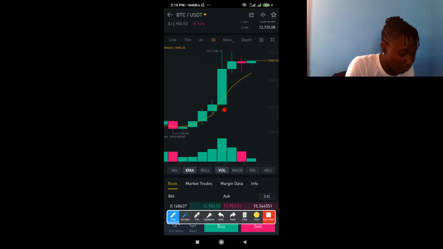So for this day, 2 days ago, Bitcoin started at 11,872 and traded at 13,217. So this day was actually a very bullish day. People would have made lots of profit. That was 2 days ago. I know this by this information here, and because I am on a 1 day candle, every candle here represents a day.